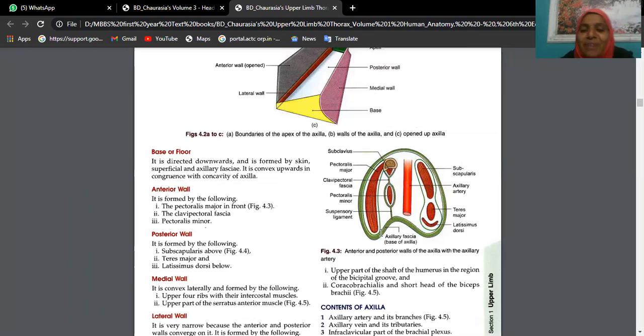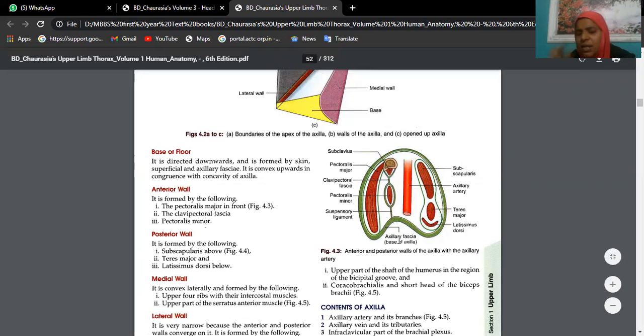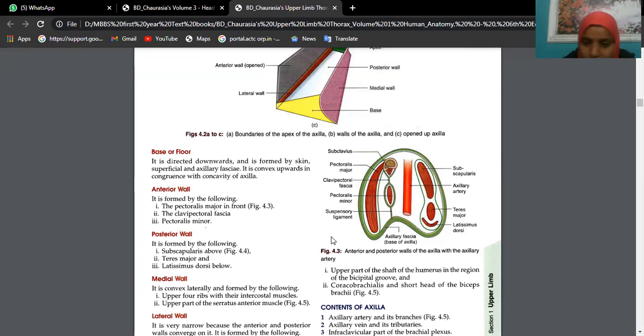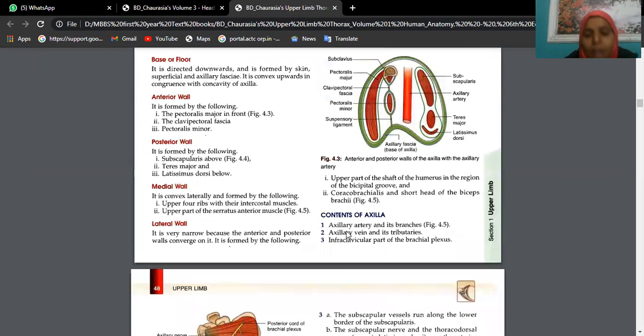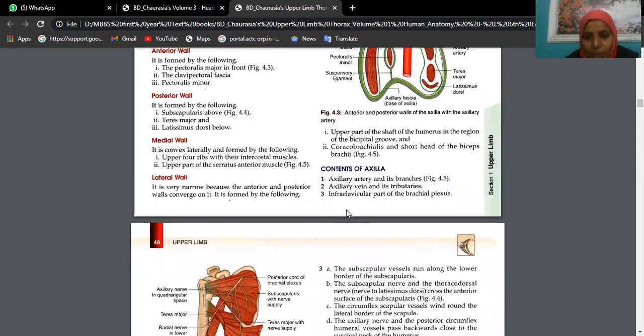Axillary group of lymph nodes, round things, were coming out. One artery was accompanied by 2 veins, the venae comitantes. And the thicker ones were the cords of the brachial plexus. So you should have something in your mind while studying. It makes your learning easy and interesting.